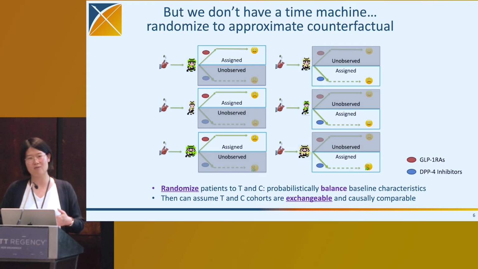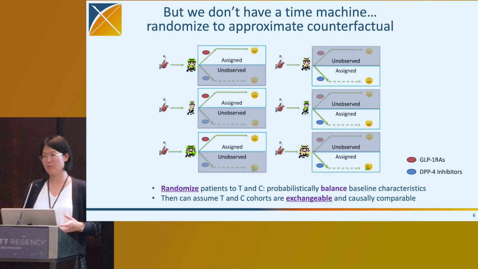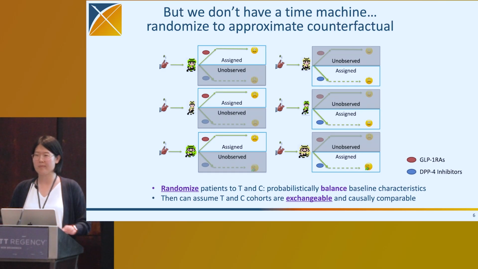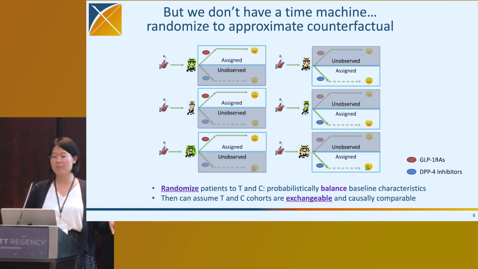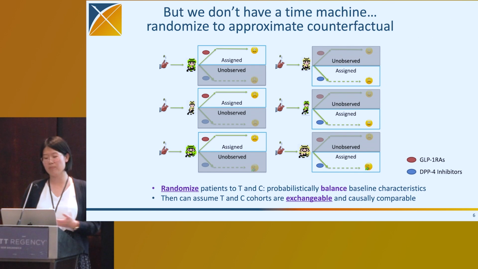When a drug enters phase 1, 2, 3, we get the causal estimates for a new drug. And how they do it, instead of using a time machine, is that they randomize the treatments. So they recruit a group of participants. They send half of them to take the red pill, half of them to take the blue pill. It's a totally randomized process, which means that the people who got the red pill versus the blue pill are comparable, they're exchangeable at baseline.